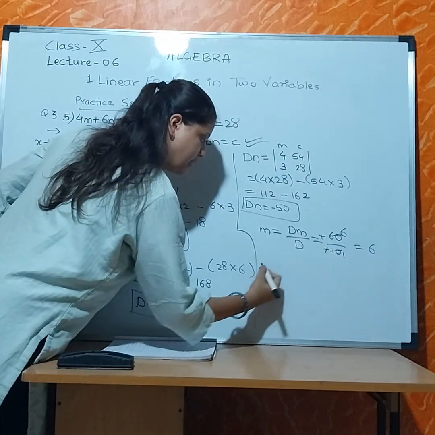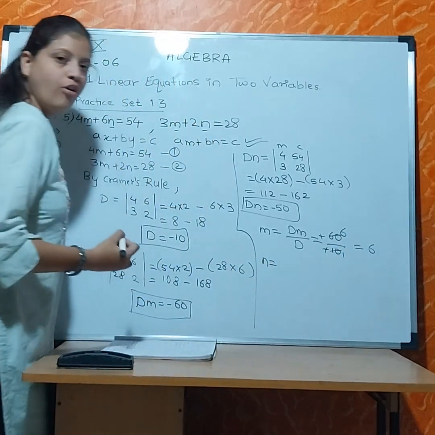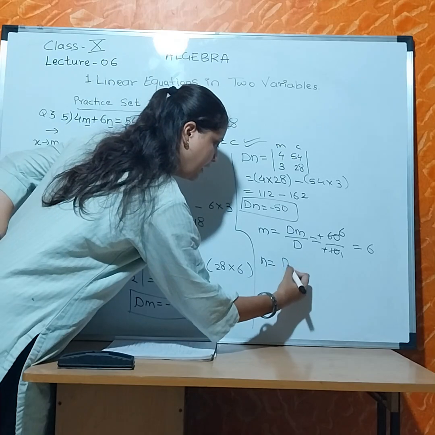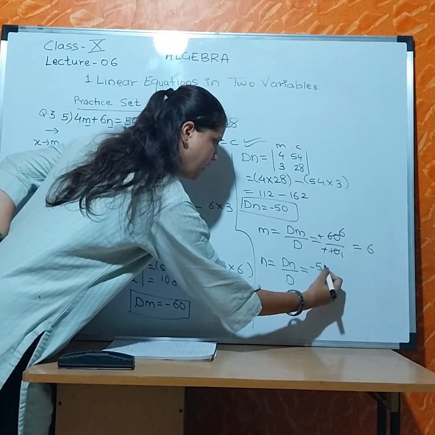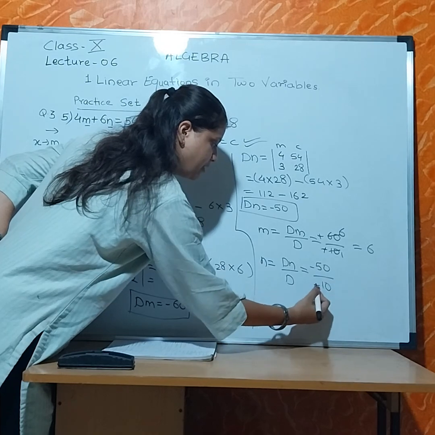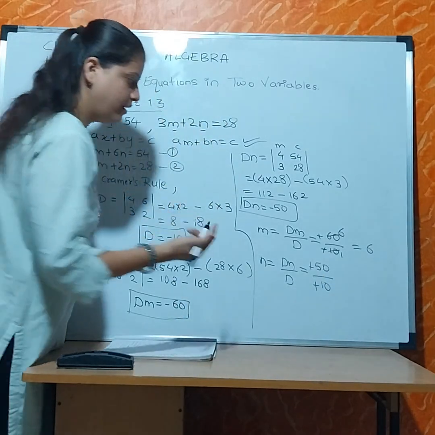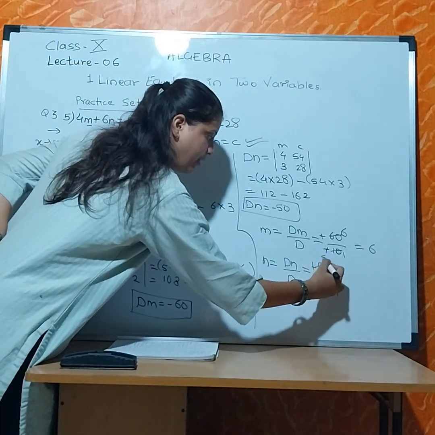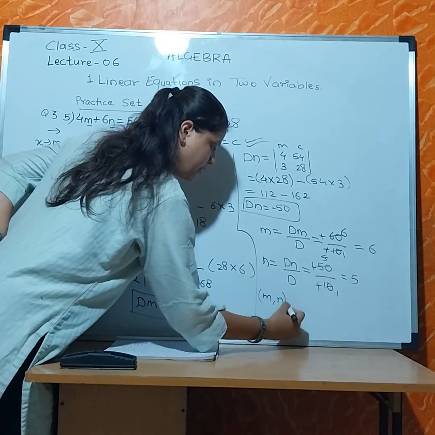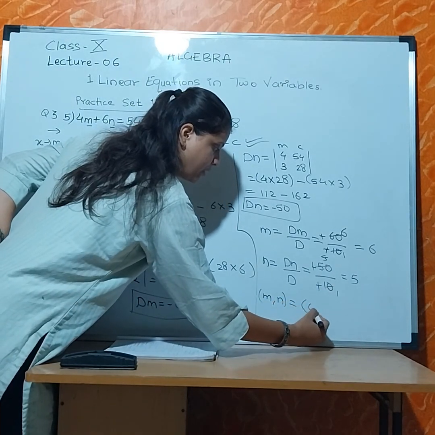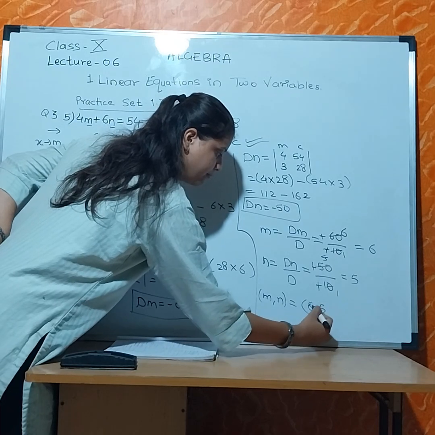So m is 6. And how to find the value of n here? Similarly, dn upon d. dn is minus 50, d is minus 10. Minus minus gets cancelled. 10 5s are 50. So m comma n, this is our solution, 6 comma 5.